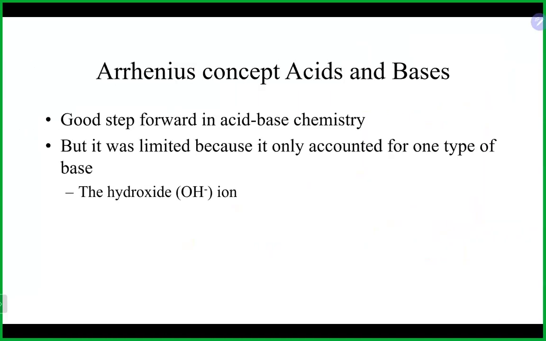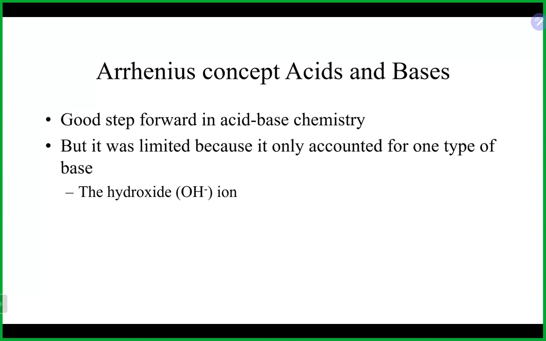Now, the Arrhenius idea of acids and bases was a really good one. It was a little bit limited, as he did account for really one type of base, which is solutions that have hydroxide in them, like sodium hydroxide. But not all bases actually have hydroxide on them.